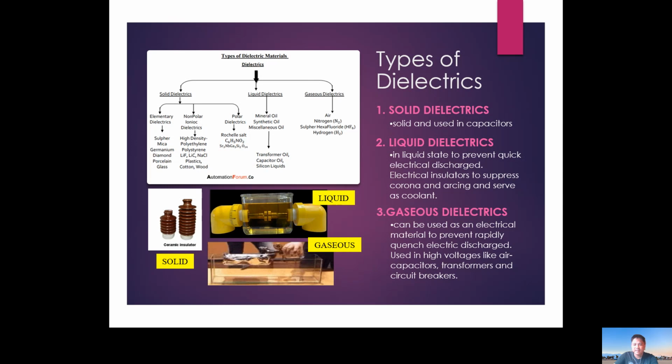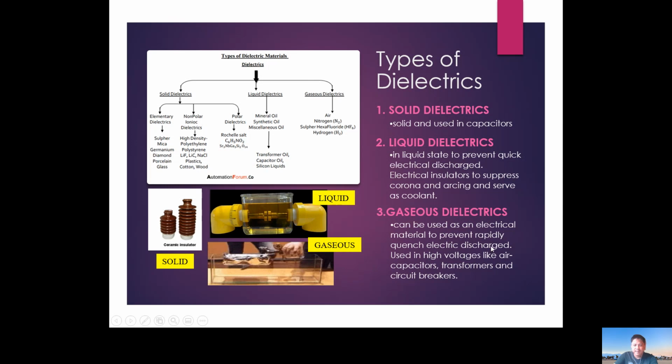These are electrical insulators that suppress corona and arcing and serve as coolant, so this basically also serves as the coolant for the material. This dielectric is really essential. The next one is the gaseous dielectric. It can be used as an electrical material to rapidly quench electric discharge.